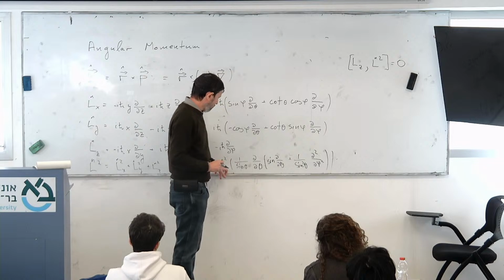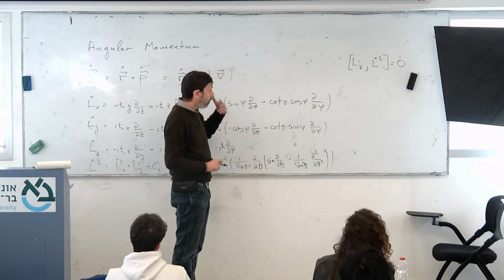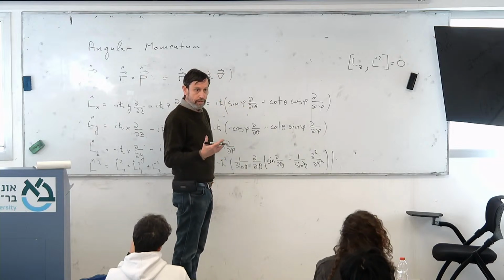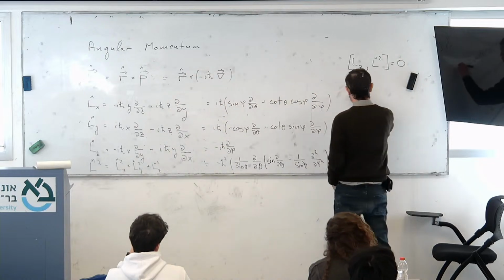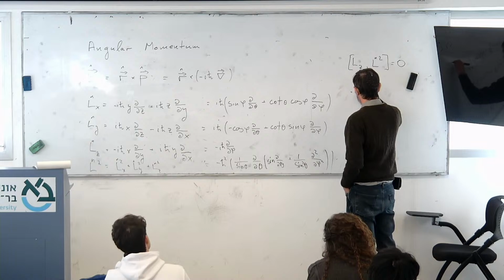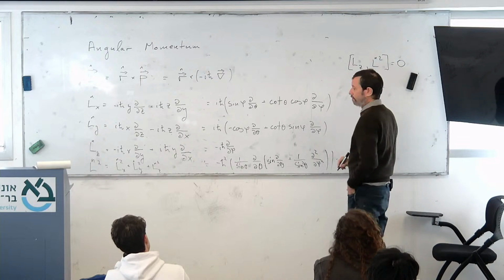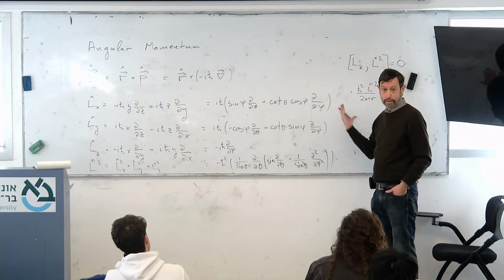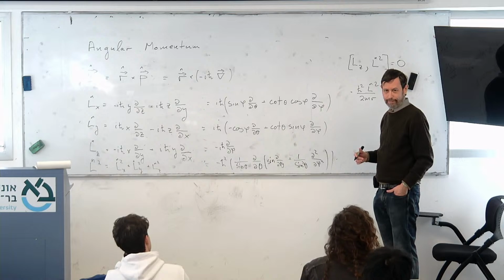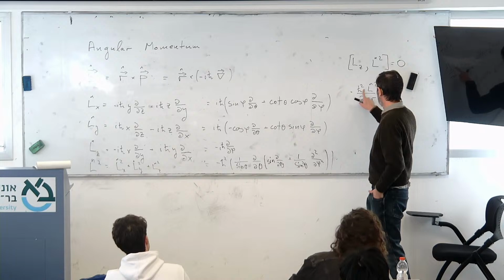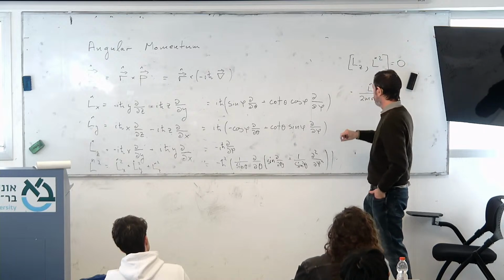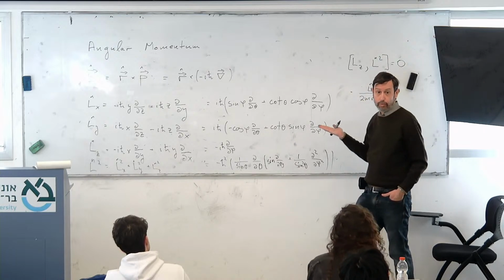Another thing, going back to the Schrödinger equation, the term that was theta dependent was this term. Right? We had all this term divided by 2mr squared.